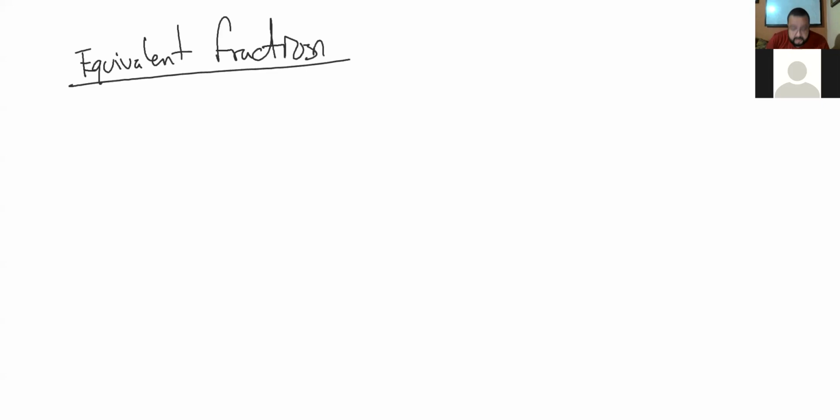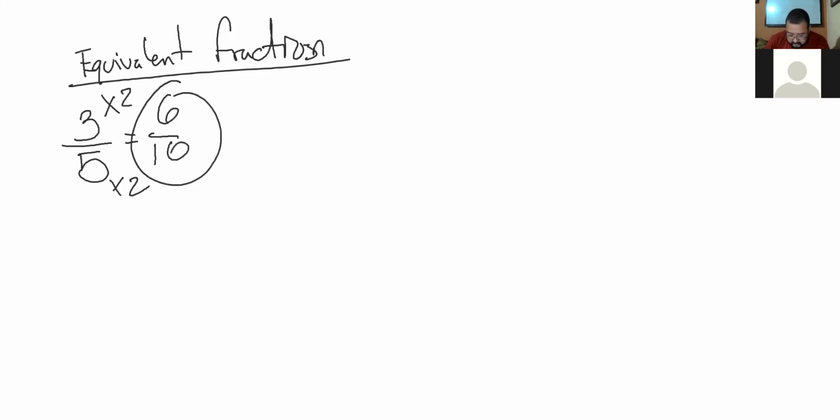Equivalent fraction is this one, 3/5. Remember that an equivalent fraction is one in which you multiply the numerator and the denominator by the same number. In this case, we're going to multiply 3 times 2 and 5 times 2. How many is 3 times 2? 3 times 2 equals 6, and 5 times 2 equals 10. 6 tenths is an equivalent fraction of 3/5.